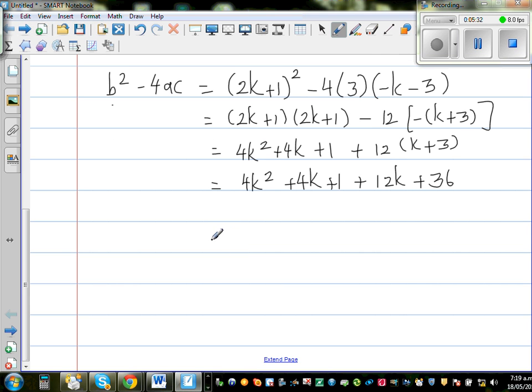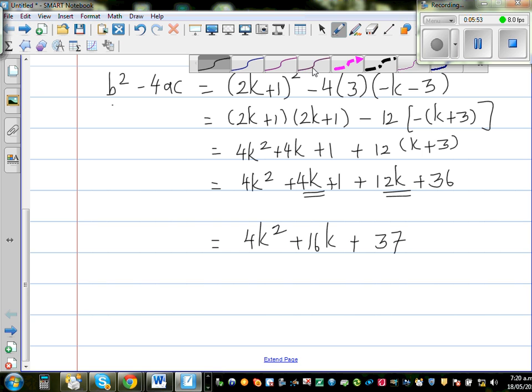Let us simplify this a little. This is 4k squared, and 4k plus 12k gives you 16k, plus 37. So what can we do now? Let us use the completing the square method. First let me factorize 4 out.